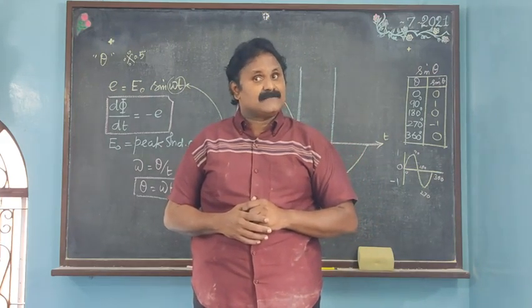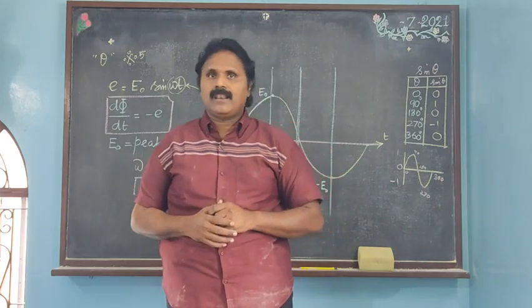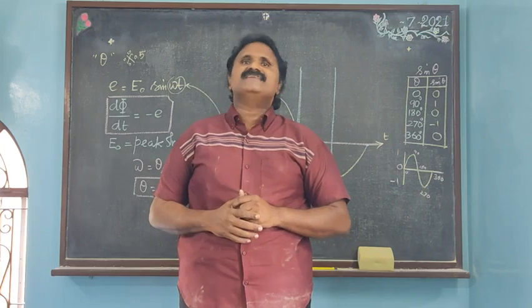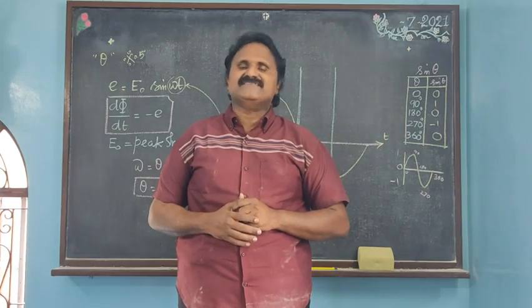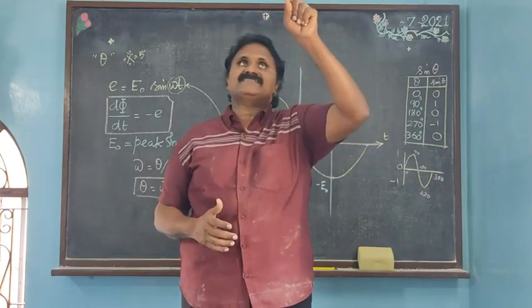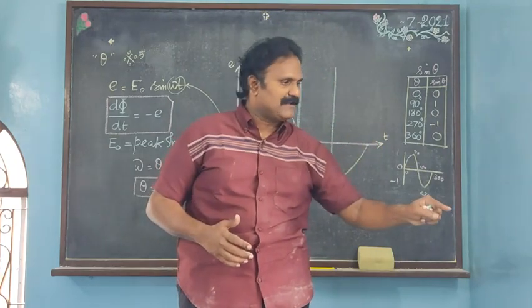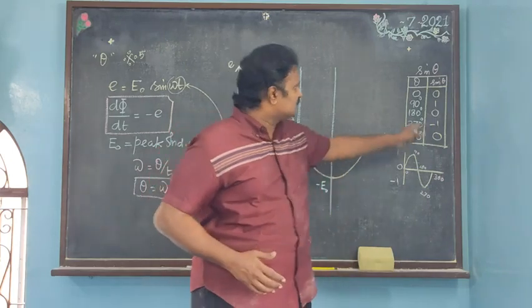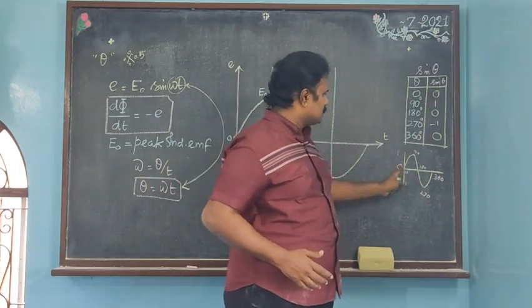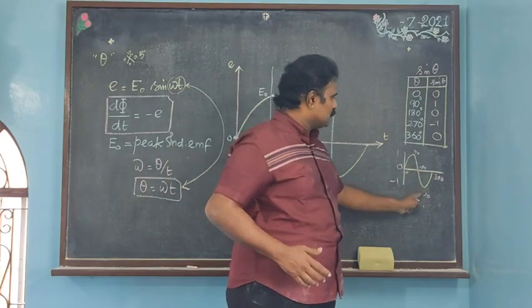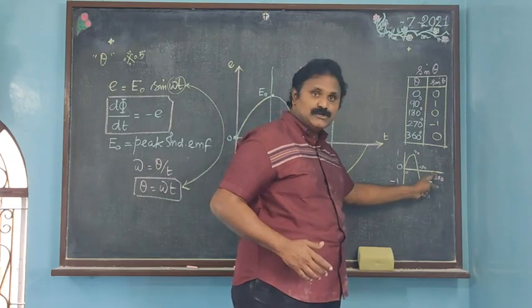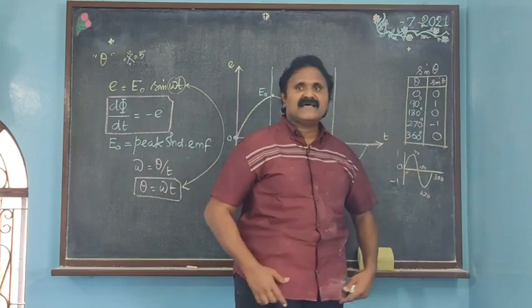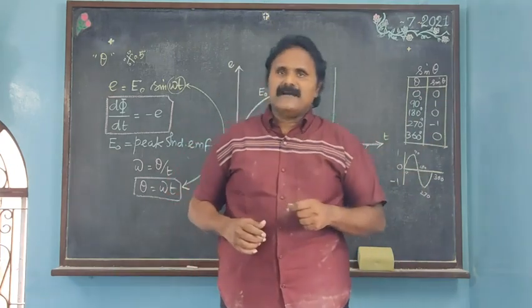Alternating means it's non-stable, or can be called unstable. It's subject to change with respect to time: 0 to maximum, maximum to 0, 0 to negative maximum to 0. This is obeying the sinusoidal rule. It is actually obeying sinusoidal mathematics.